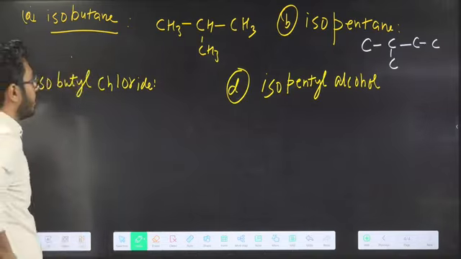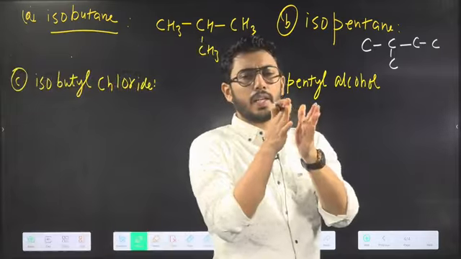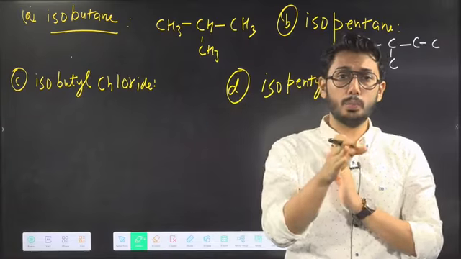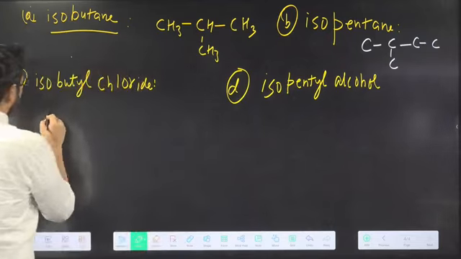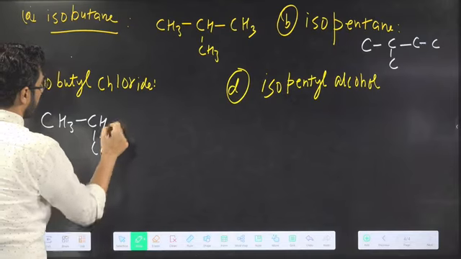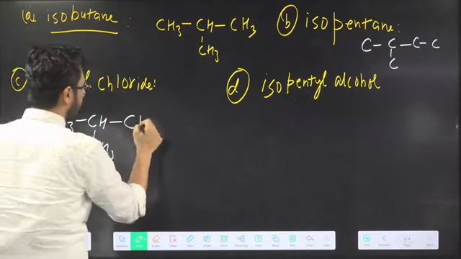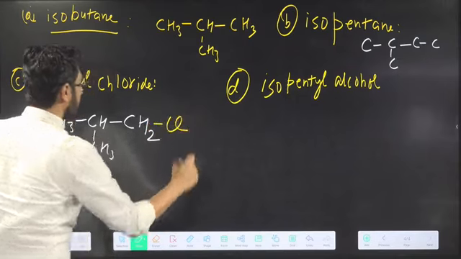Then whatever functional group is there, connect it to the primary carbon, just like in N compounds we have done. Here isobutyl: firstly write down the arrangement of iso and fix it. Now chlorine you will attach to the primary carbon here: CH2 and then Cl.